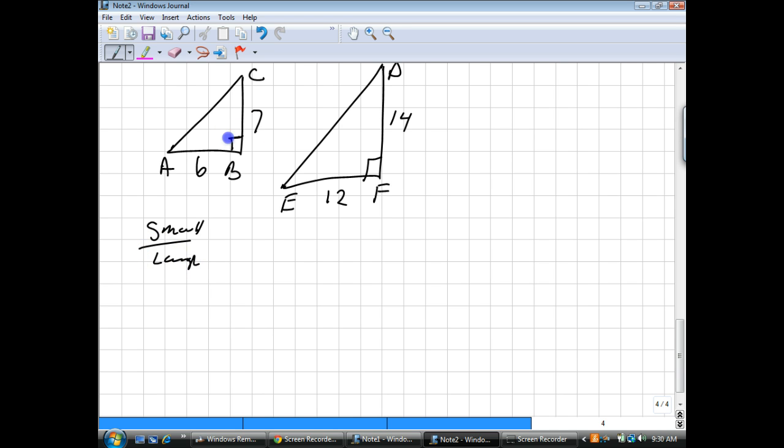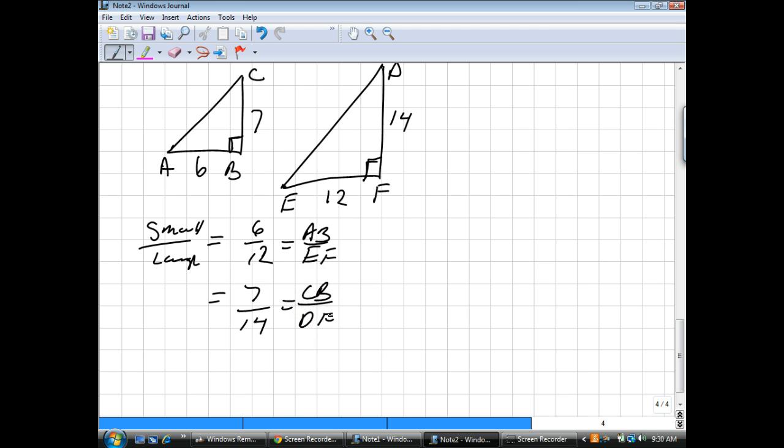Okay, so we have congruent angles, so now we have to see if the sides are in proportion. So 6 is to 12, which is AB is to EF. And then I have 7 to 14, which is CB to DF.